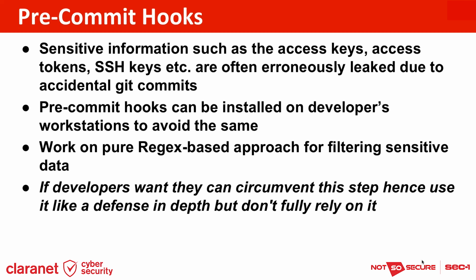Where this would be helpful, this is a pure regex based approach, which means it'll be helpful if you have common patterns. Like for example, an AWS secret key. If this kind of sequence is found and there's a value associated with it, that needs to be stopped from going into production.